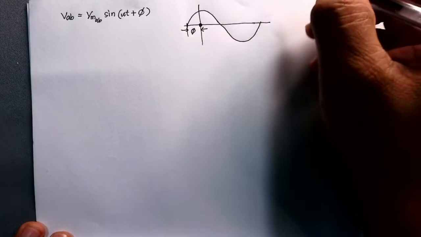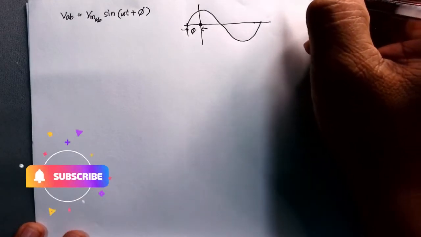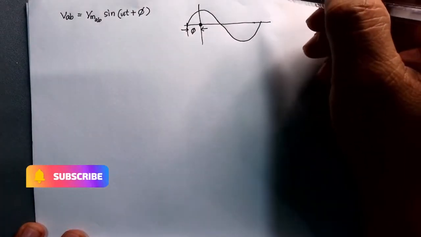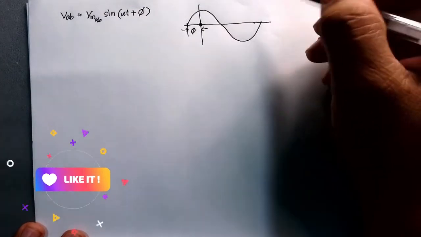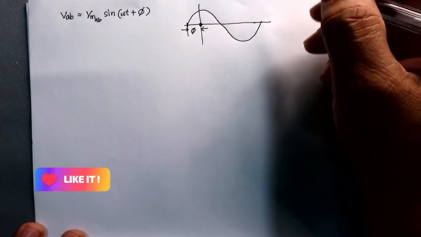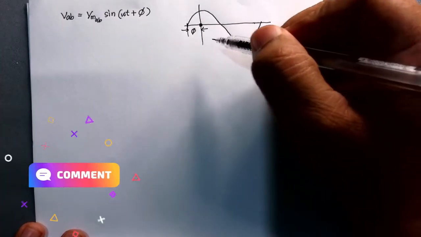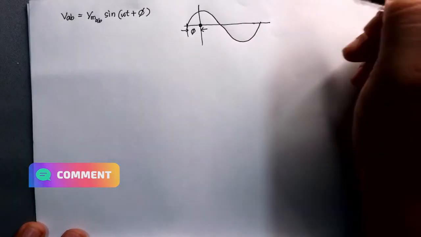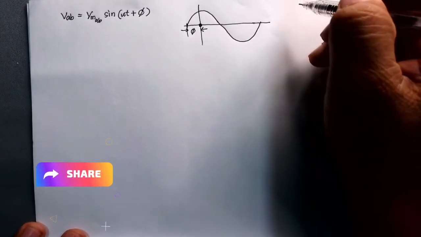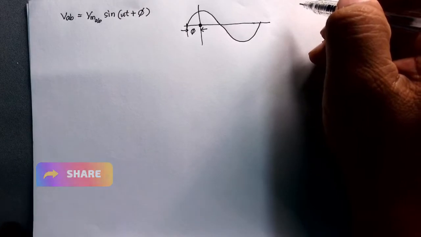So that is the phi. So positive angle means that will be the angle before the origin.